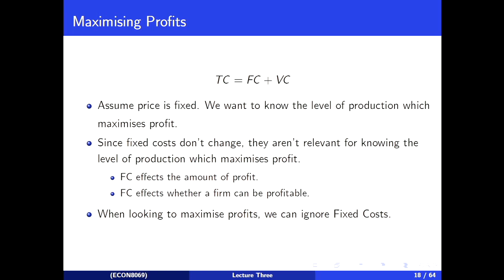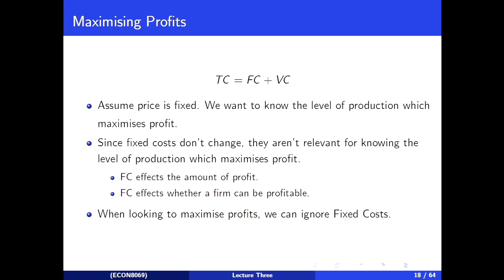Fixed costs are going to affect the amount of profit that we make in a significant way. They affect whether our profit is positive or negative, so whether our firm can be profitable at all. But fixed costs do not affect the amount of production that we actually choose to make. Assuming we make some, fixed costs are not going to have any effect on the amount of production which maximizes profit.